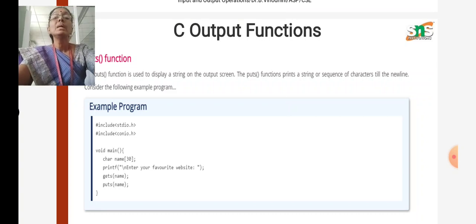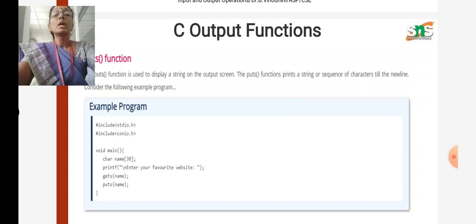These are the two unformatted output functions used in the C program. For example, consider puts. We declare a character array called name of size 30, and the first printf is used to display only a message in the output screen. Next we use the gets statement to get the input as a string, and using puts we display the output as a string.